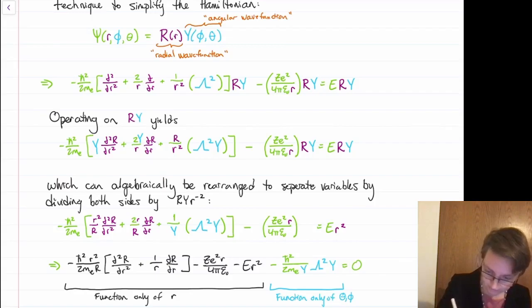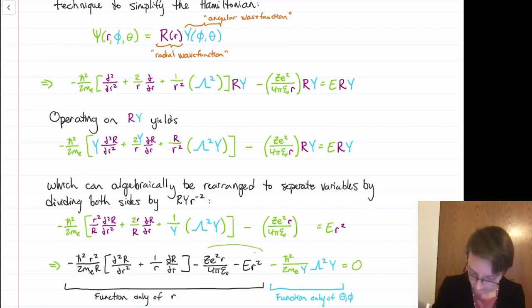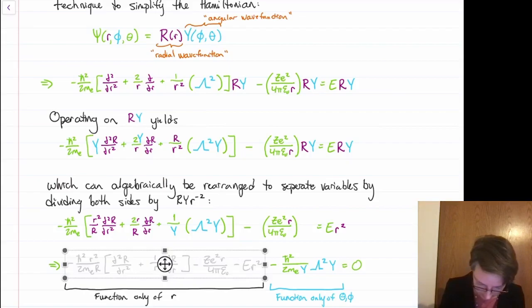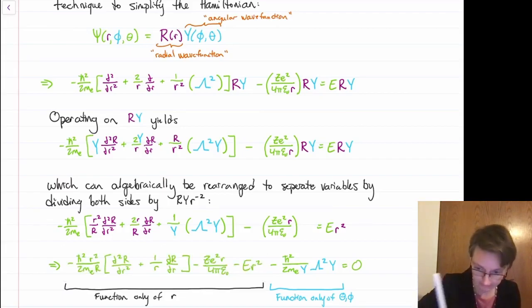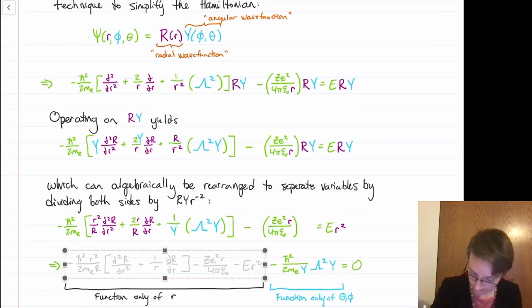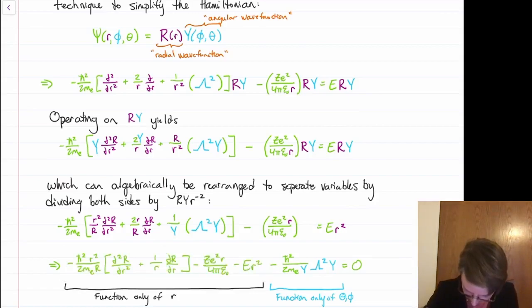And then what I'm left over with is, let me go ahead and clean this up actually, I accidentally made it black. Once I rearrange these terms a little bit by subtracting off my term on the right hand side to really group all these purple terms together, I'm then left with a set of functions where on my left hand side I have a bunch of stuff that only depends on my capital R function, or on the variable R if you like better.